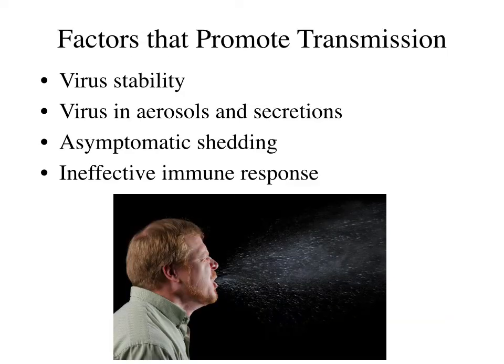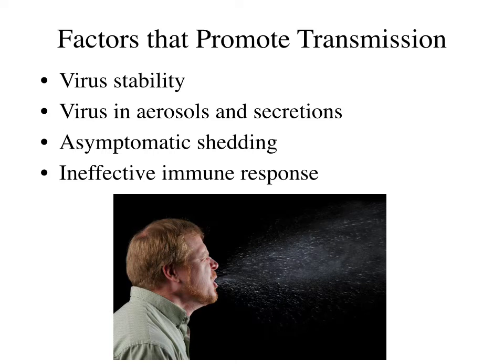Okay, then there are factors that promote transmission. Of course, the stability of the virus in aerosols and secretions. Asymptomatic shedding is really important. What that means is that a person who isn't exhibiting symptoms of the disease may be shedding a large amount of virus.